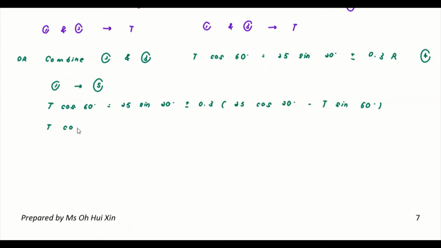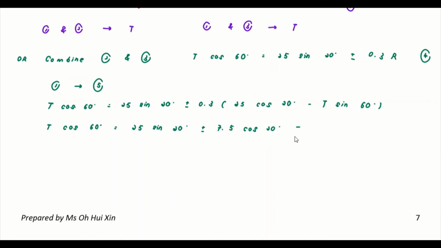Let me expand it first. So T cos 60 equal to 25 sine 20, and the plus minus here will stay the same when you expand this part. 0.3 times 25, I think you get 7.5, so 7.5 cos 20. This is the part you need to be a bit careful about: this is plus minus, so when you multiply with minus, plus minus becomes minus.